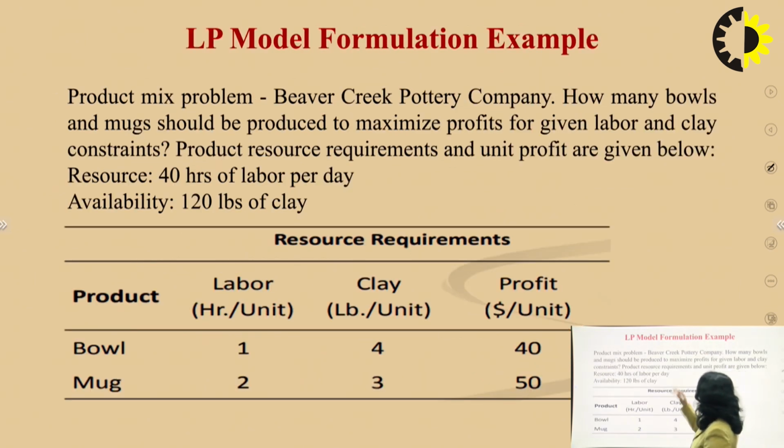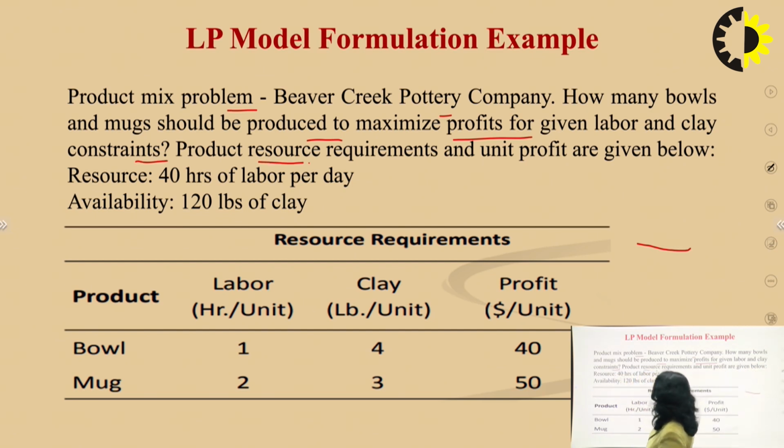Now we come to this example, which is the product mix problem. It says that Viva Creek Pottery Company is manufacturing two components, bowls and mugs. It asks how many bowls and mugs should be produced to maximize the profit for given labor and clay constraints.